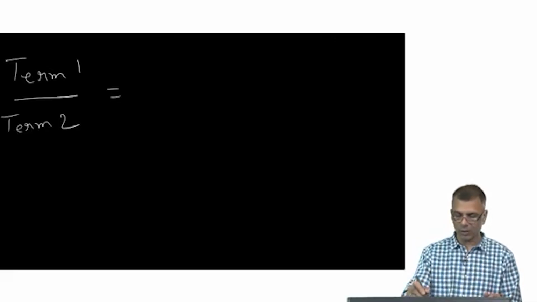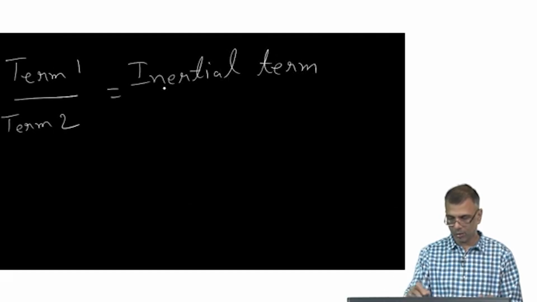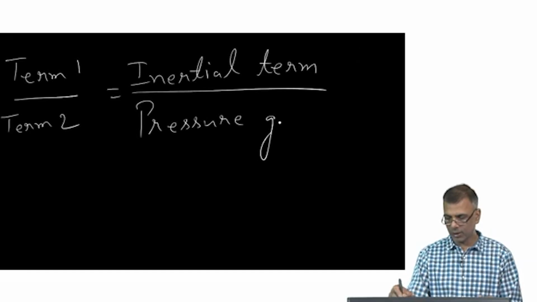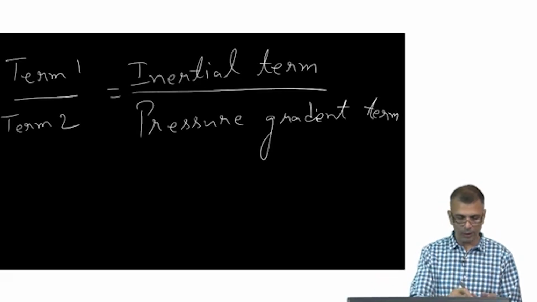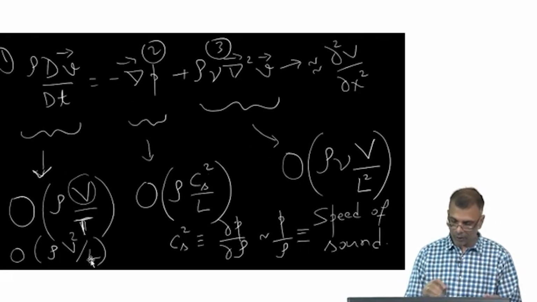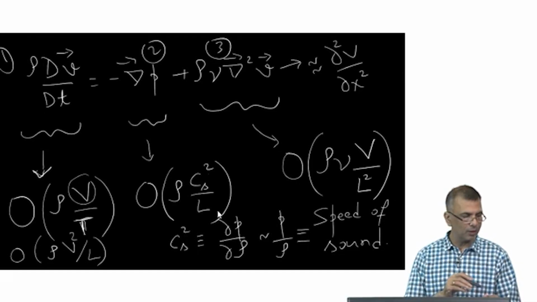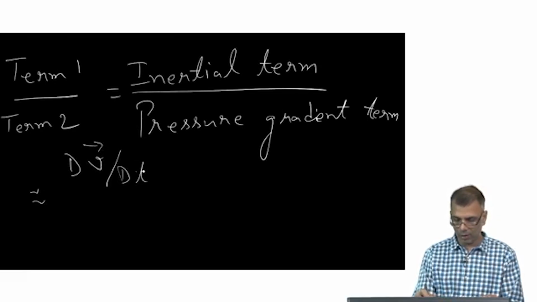So, I would say the ratio of the inertial term to the pressure gradient term, that would be some rho v squared over L divided by rho Cs squared over L. So, in other words, this is something like the dV dt term over the gradient of pressure term.